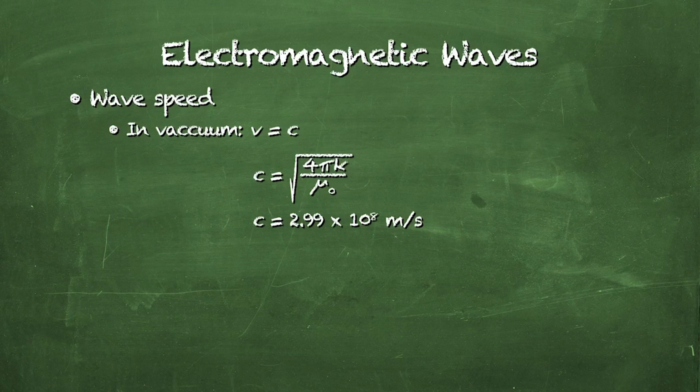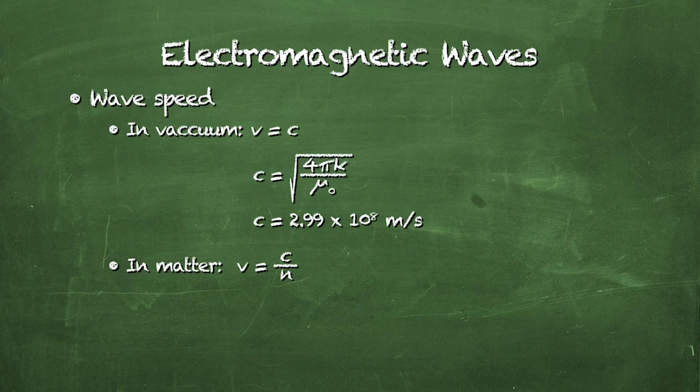In matter, electromagnetic waves travel more slowly, and we represent that with v, the wave speed of electromagnetic waves, is equal to the speed of light divided by a number n, where n is a number that is 1 or greater. N is 1 in a vacuum.